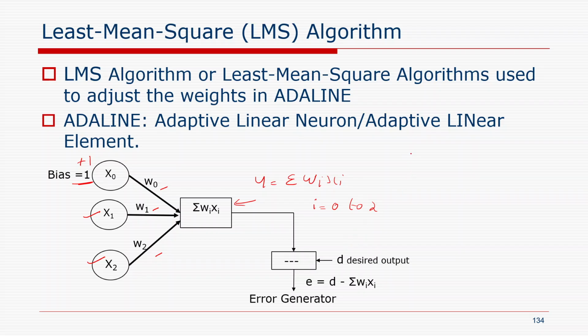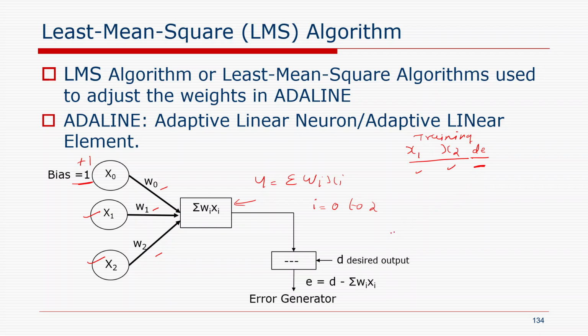When we take the input parameters x1 and x2, they will be considered as training parameters. For training, x1 and x2 are the features, and they will have some desired output. That is, if this is the input, what is the output that we are expecting? That is the actual output.